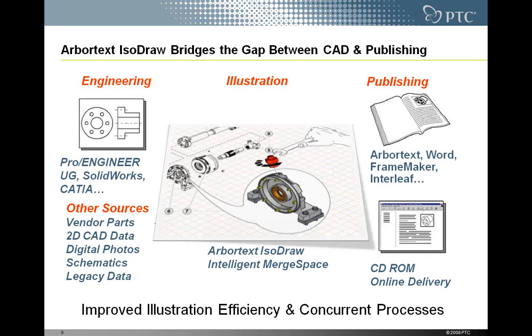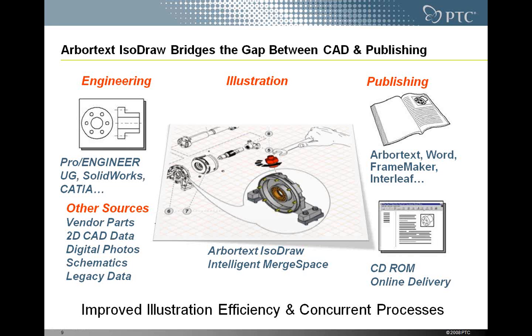And the importance of that is within your authoring tool. For instance, directly integrated with Arbortext, you're able to create links to hotspots inside of the illustration or send commands to animation to perform different steps of procedures or create links to callouts for interactive parts catalogs.